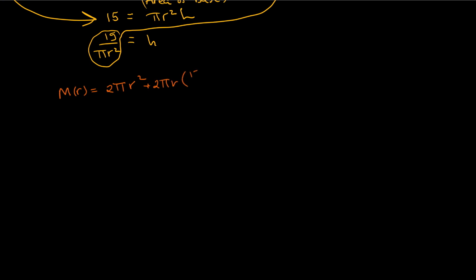Well, the h is 15 over pi r squared. This will simplify. We have our 2 pi r squared for the first term. Now, in the second term, remember that this 2 pi r is really a fraction itself. It's over 1. So we can start multiplying here, and we're going to have the 2 times the 15 giving us 30.